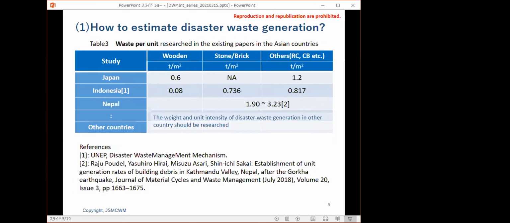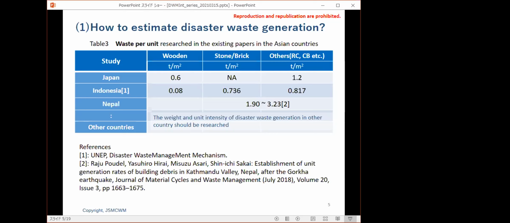And in page 5, Table 3, waste per unit researched in Asian countries, especially Indonesia. So 0.08 for wooden buildings in Indonesia. This number was researched on the Banda Aceh tsunami disaster. And there are stone type buildings in Indonesia.